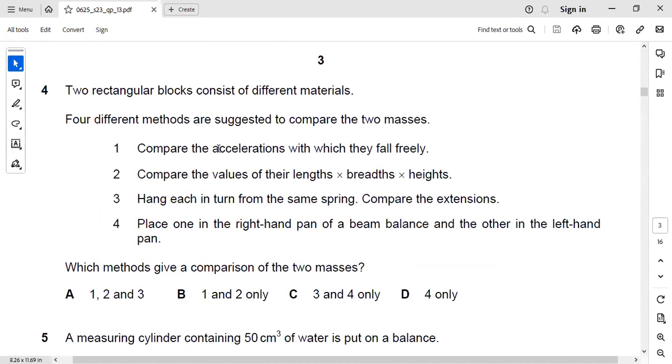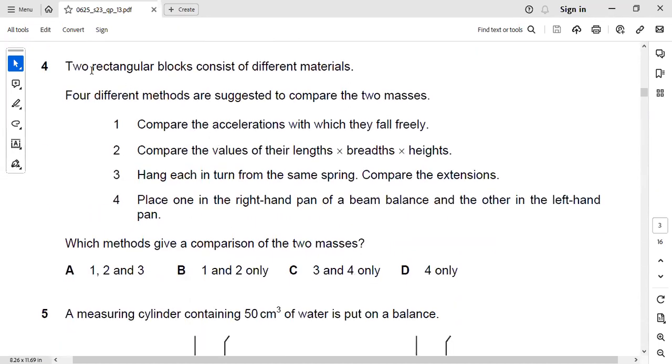Next, two rectangular blocks consist of different material. Four different methods are suggested to compare the two masses. So we need to compare the two masses.